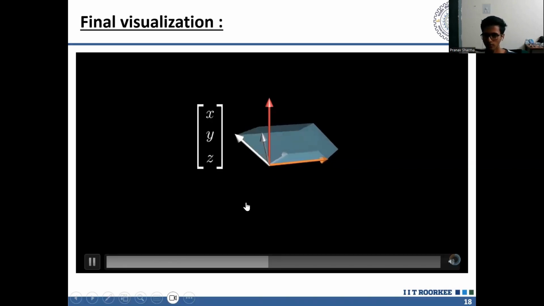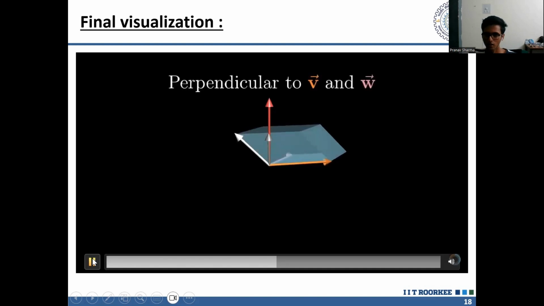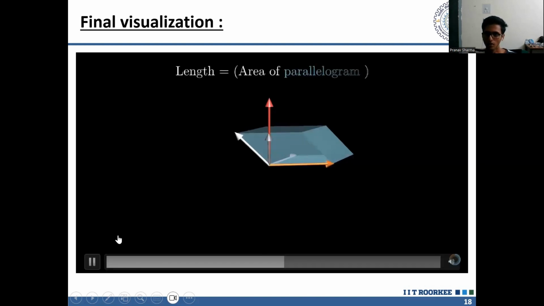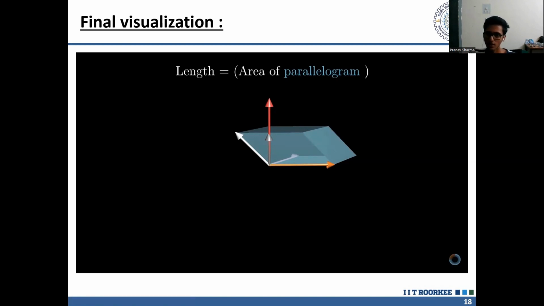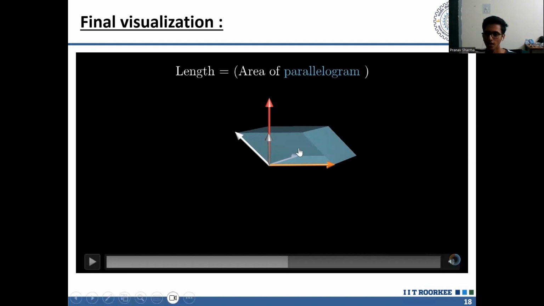So here is where the function that we defined comes into action. Our function needs a vector p such that its length is equal to the area of this parallelogram and it is perpendicular to both v and w.